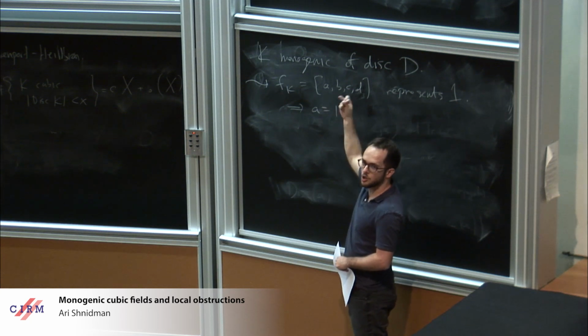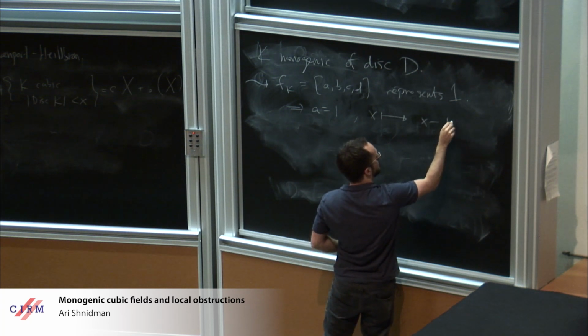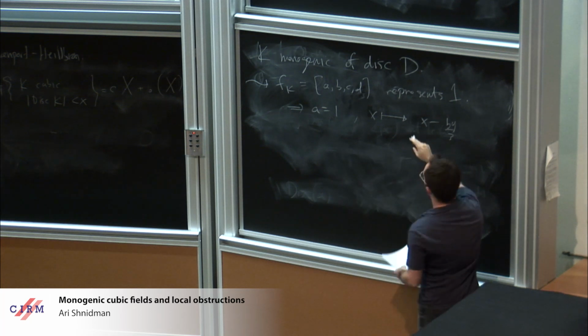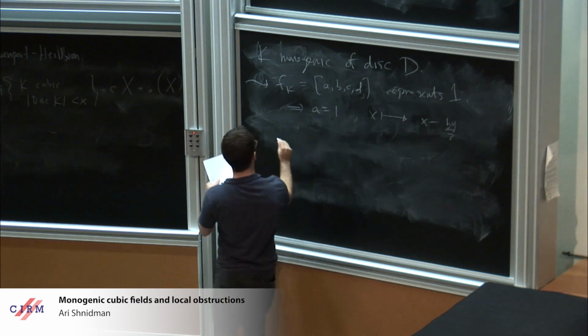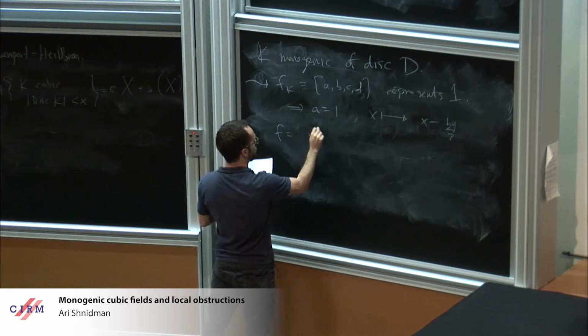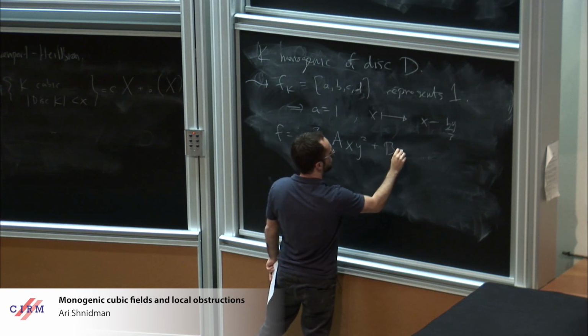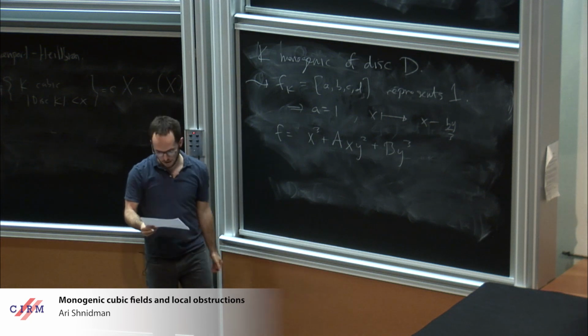Now I complete the cube, so send x to x minus b y over 3. Complete the cube, kill the b term. So that means that I can write f as x cubed plus a x y squared plus b y cubed. A and b could have some 3's in their denominators, but not too bad.